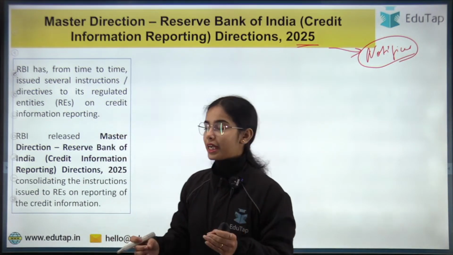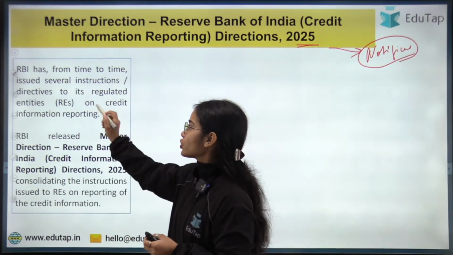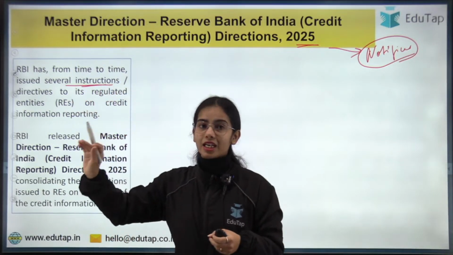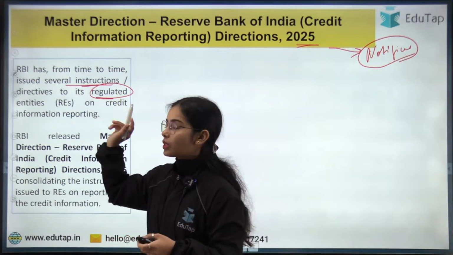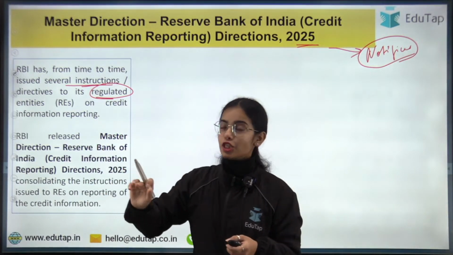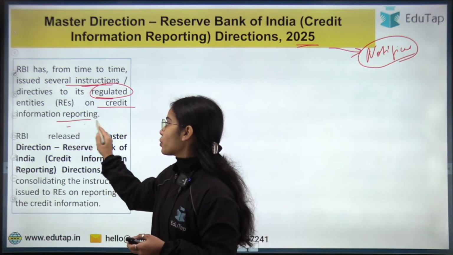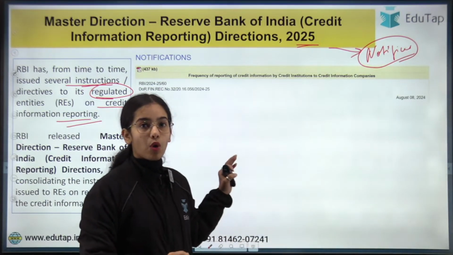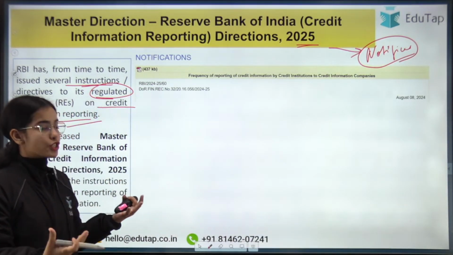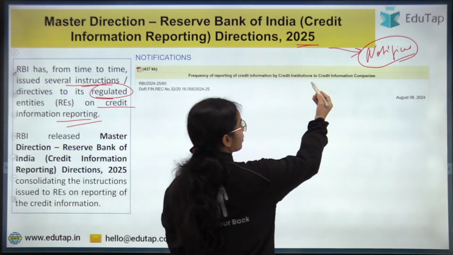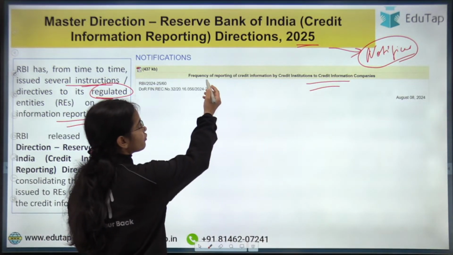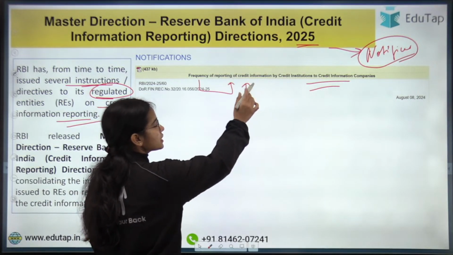Reserve Bank of India has from time to time issued several instructions, directives, directions and guidelines to its regulated entities, the NBFCs, banks and such, on credit information reporting. Here you can see that in August 2024, guidelines were released for the credit information companies that the frequency of reporting should increase.